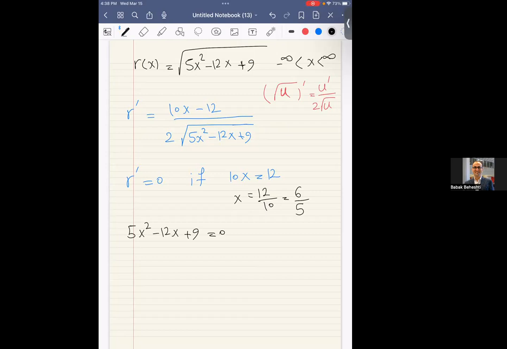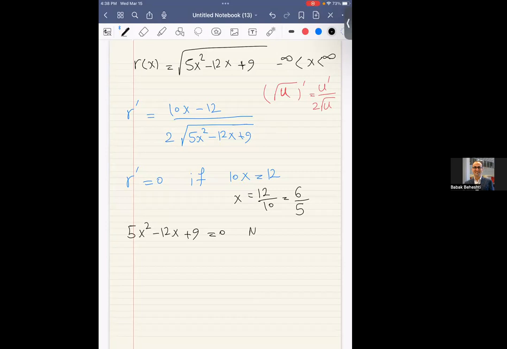Do you think there is any solution for this equation? No, because this quadratic equation has no solution, right? Grade 10, no solution.